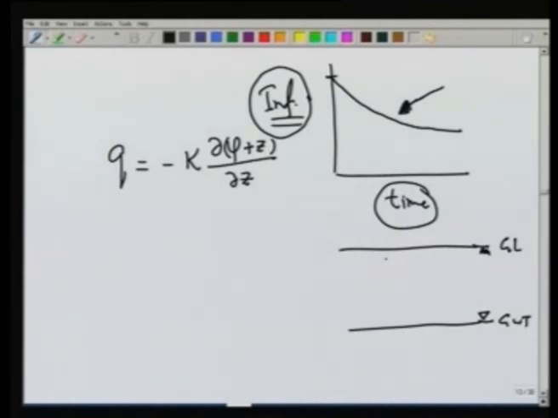So, the soil in this area is unsaturated. Now, during infiltration we have seen that part of the soil gets saturated, but most of it remains unsaturated. So, Darcy's law can still be used, where psi is the pressure head and z is the elevation.